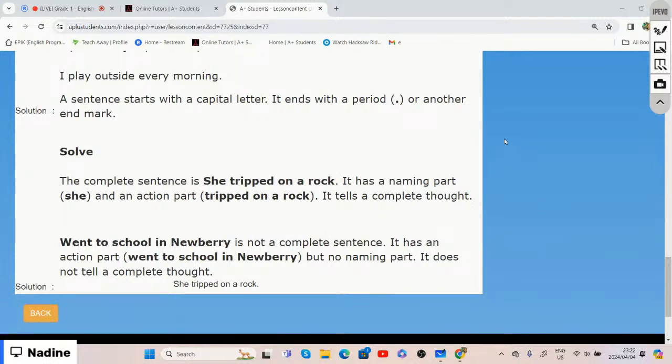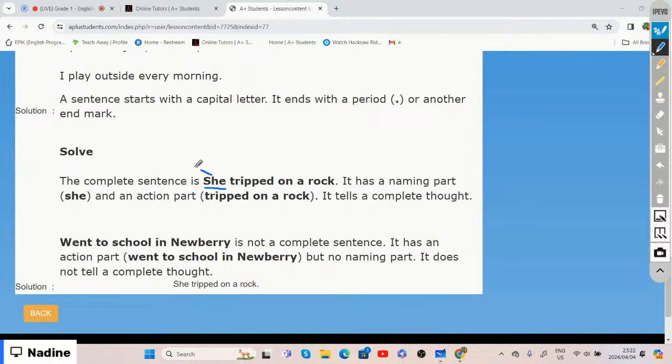And if we were to say which one is a correct sentence, or a complete thought, then we can say it's this one because she is our naming part, and tripped on a rock is our action part. It's the action that she did. What did she do? She tripped on a rock.